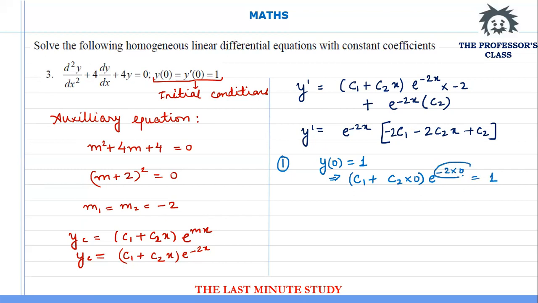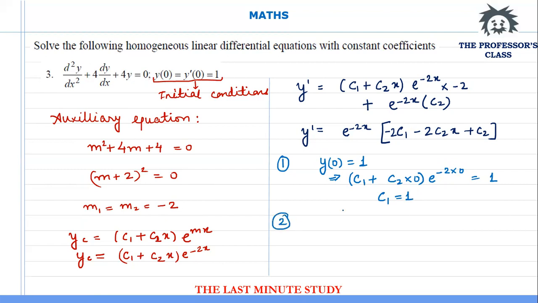Now over here, you might remember that anything raised to power 0 is 1. So this entire expression will become 1, and I'll be left with c1 plus 0 into 1, which will actually become c1. So the value of c1 will be equal to 1.